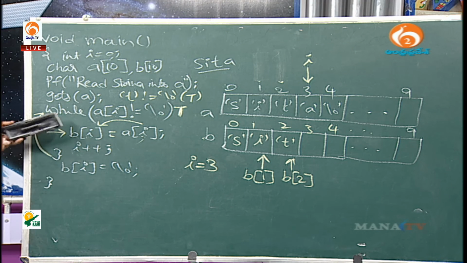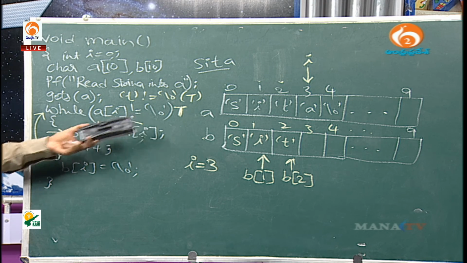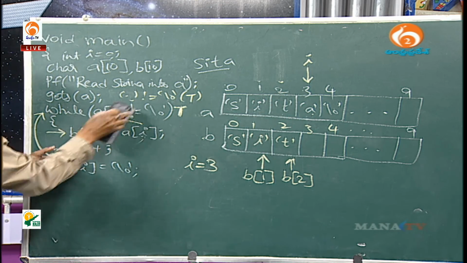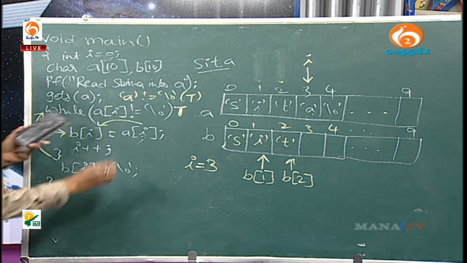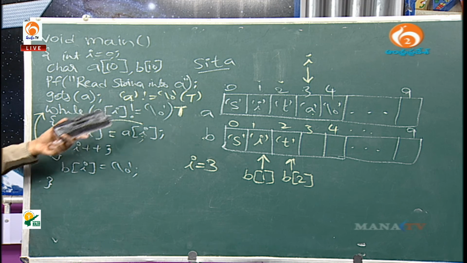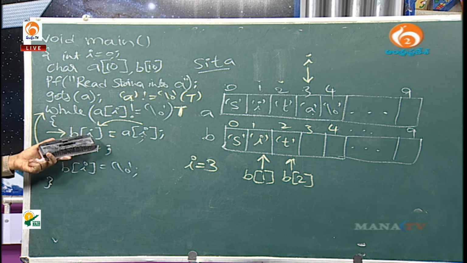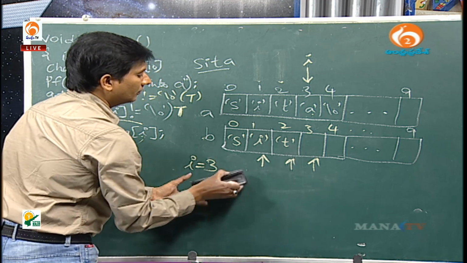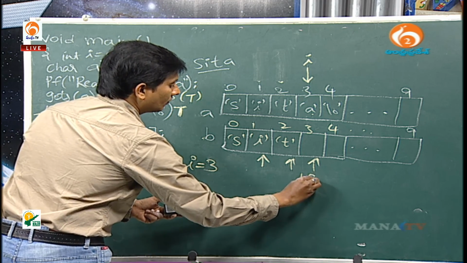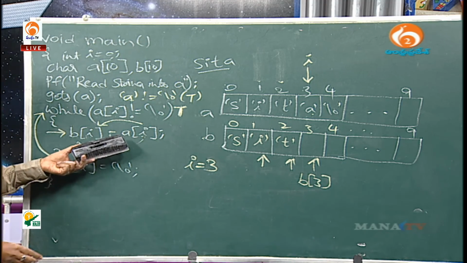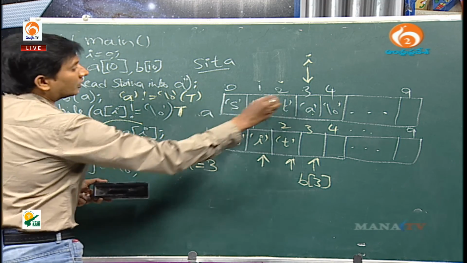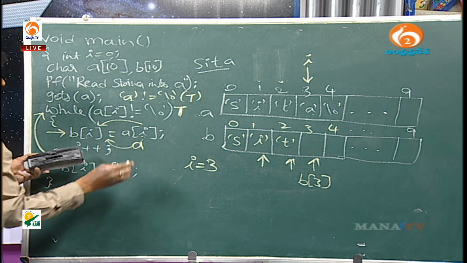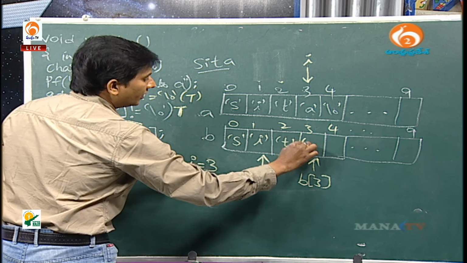Next iteration, A of I is not equal to backslash 0, A of 3 means A is not equal to backslash 0, yes, which is true. Next, B of 3 equal to A of 3, that is A is stored into B of 3.